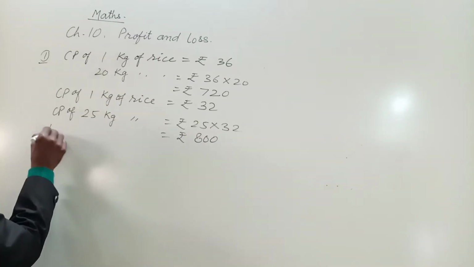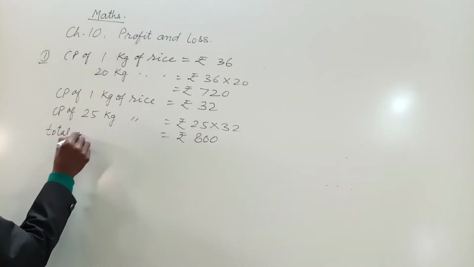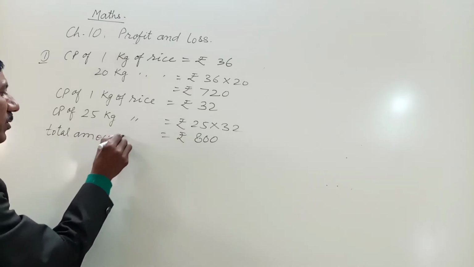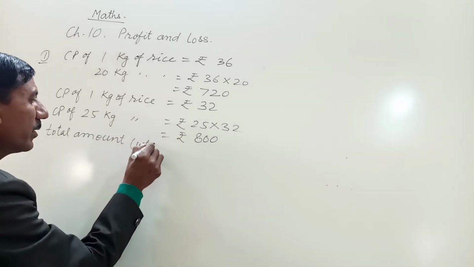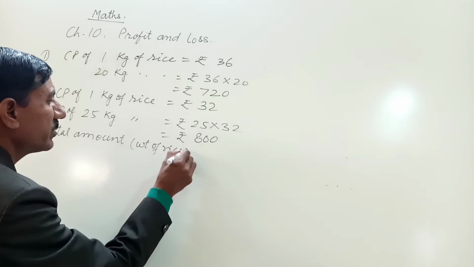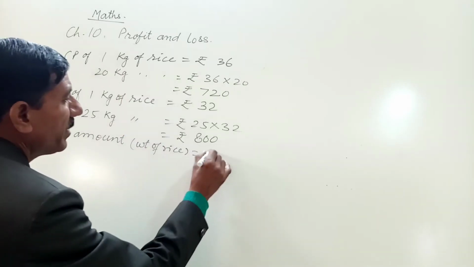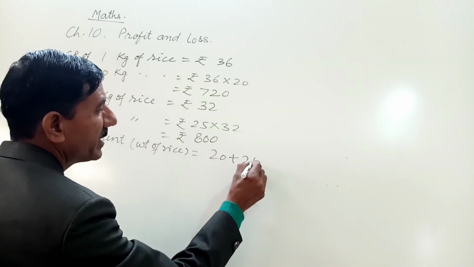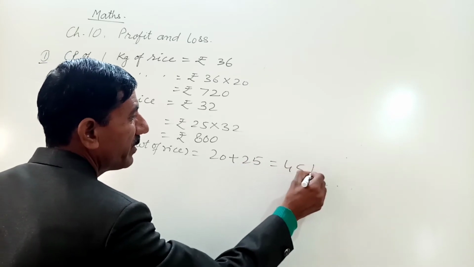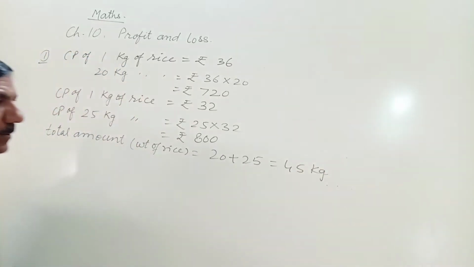So the total weight of rice is equal to 20 plus 25 kg, equal to 45 kg.